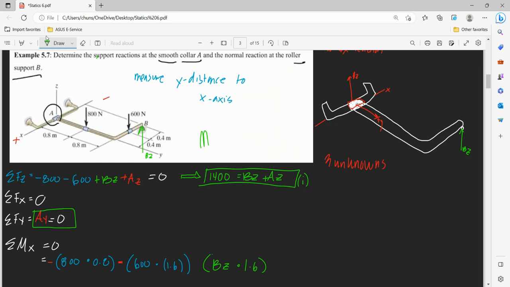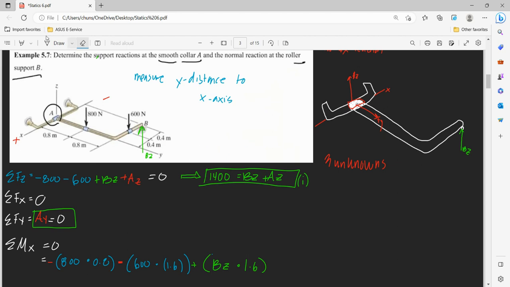So we're going to point our fingers with the BZ. Then we're going to curl our fingers towards our x-axis. Right, and when we do that, we see our thumb points in the positive x direction, so that's going to assign this a positive coefficient.